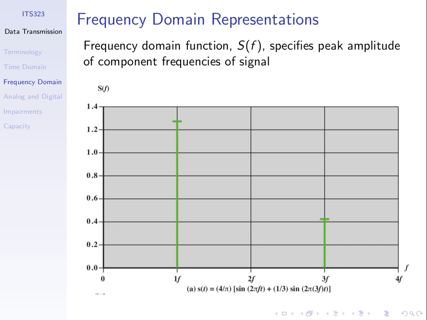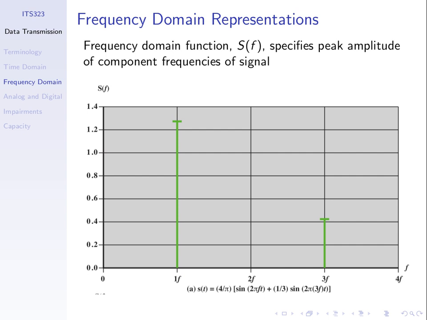Here's our same signal, but plotted in the frequency domain. Where did this come from? Let's show how we plot in the frequency domain first. In the frequency domain, here we have the frequency, and on this axis, the peak amplitude. This is an uppercase F versus the frequency.